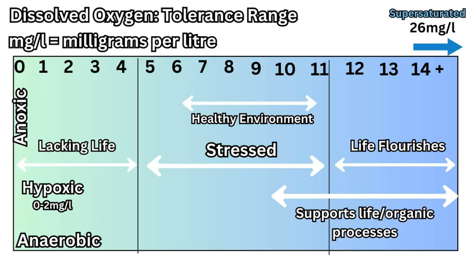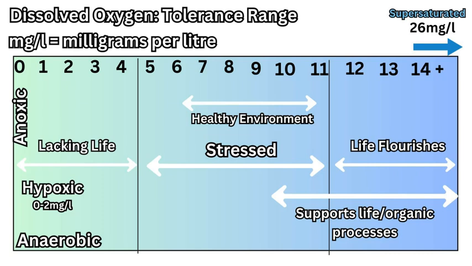Now we know the definition for dissolved oxygen, the sources of how dissolved oxygen gets into a body of water, and the different factors that control the amount of dissolved oxygen in a body of water. We can establish a tolerance range for the biotic, the organic life forms that require dissolved oxygen in a body of water to survive, to support life.